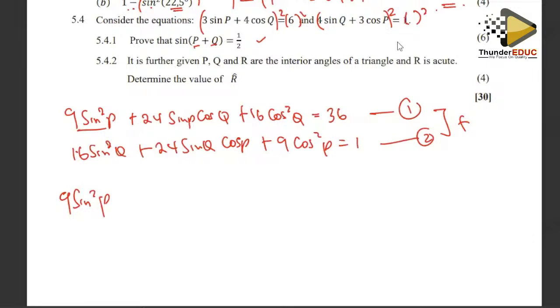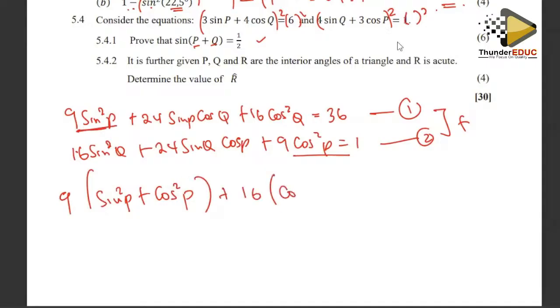If I take the 9 and the 9, will that make sense? When I'm doing the addition, it's sine squared p plus cos squared p. Let's do the same with the 16: 16 times cos squared q plus sine squared q.